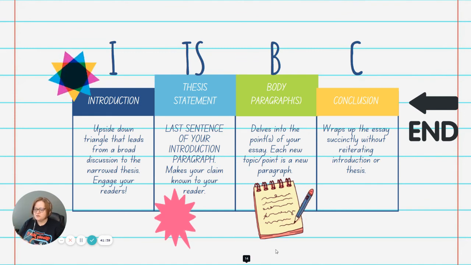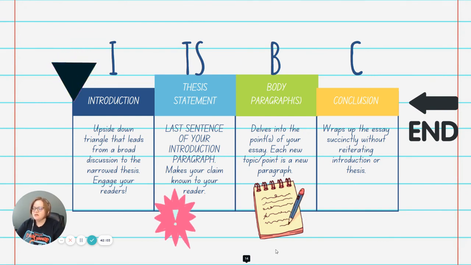Keep that in mind. And you need to, in your body paragraphs, thoroughly make your point. Never assume your reader understands what you're talking about. And the conclusion itself is going to wrap up the essay succinctly without reiterating the introduction or the thesis statement.